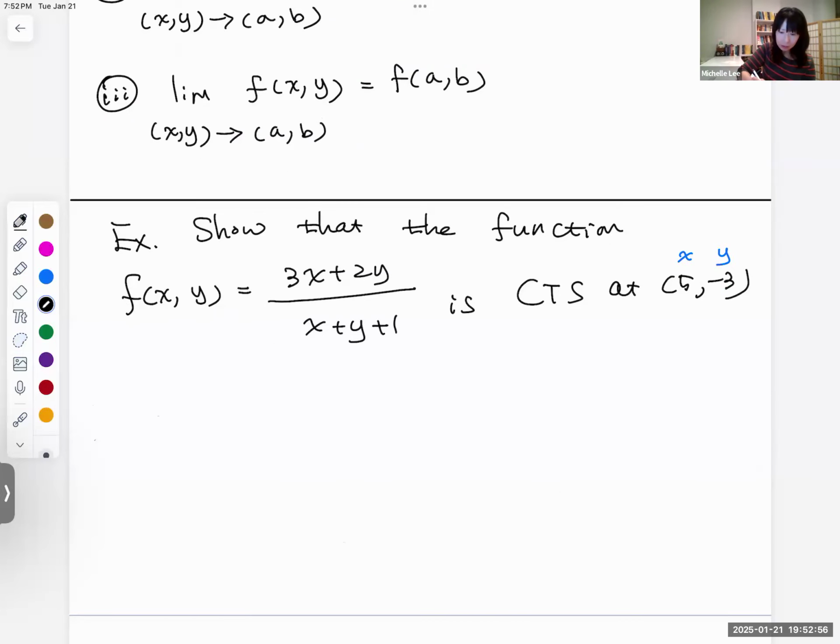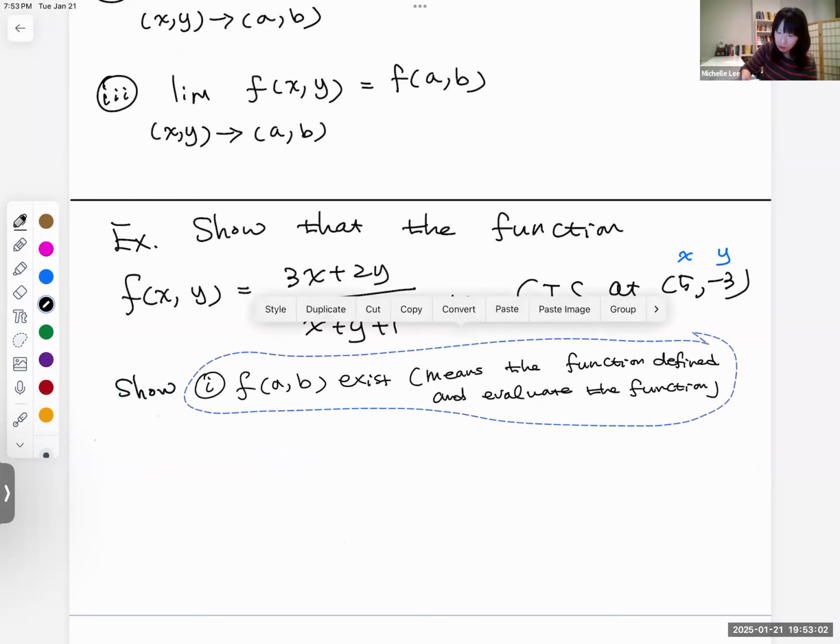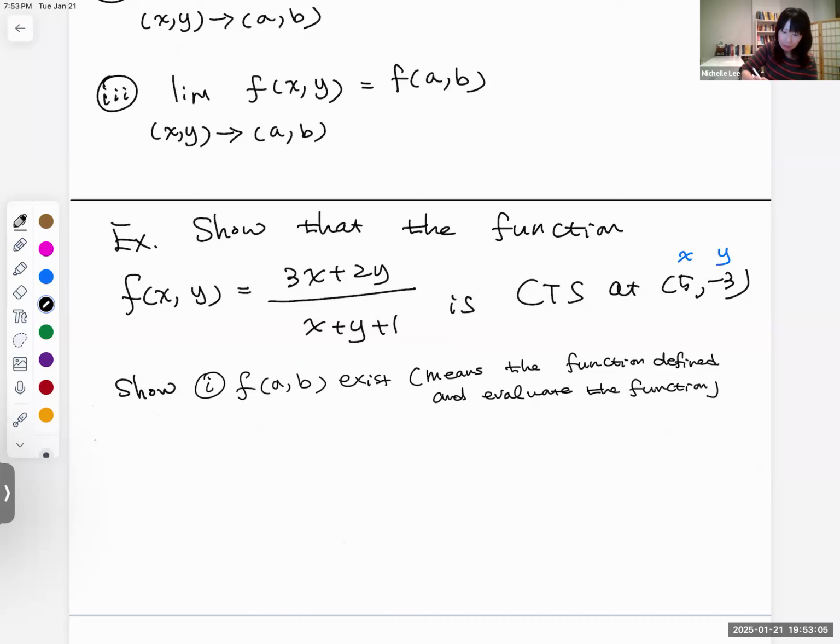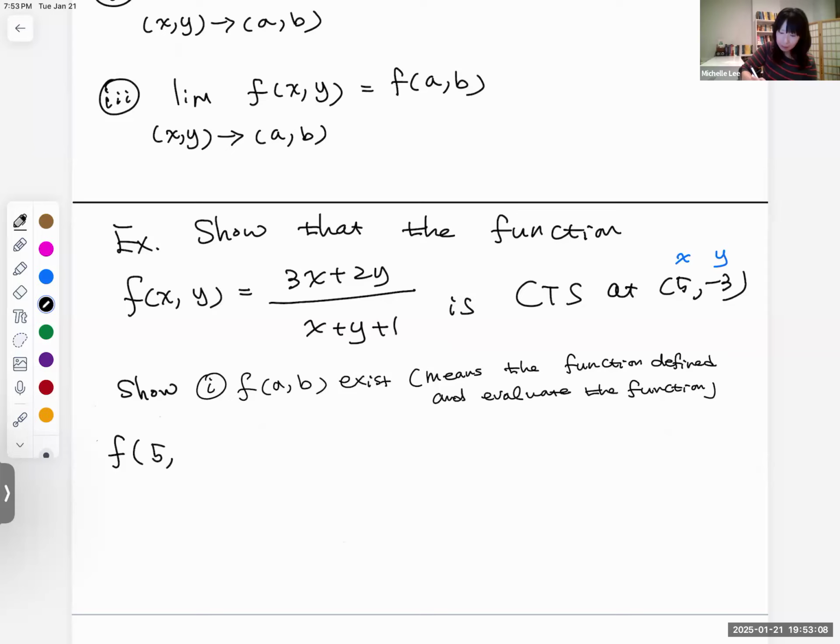So we have f of (5, -3) equal to the expression with 5 and -3 plugged in, plus 1.